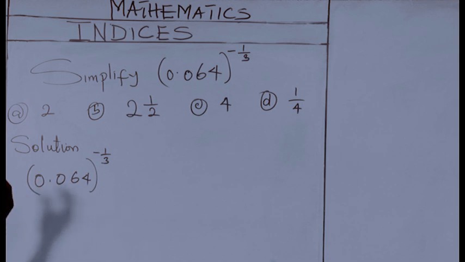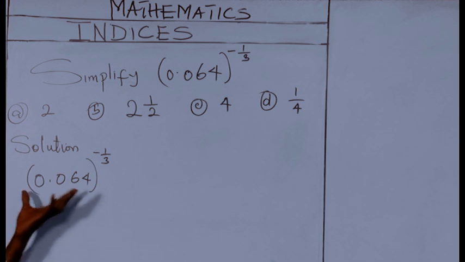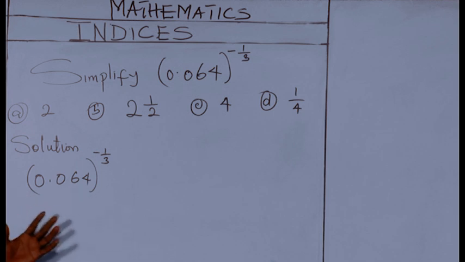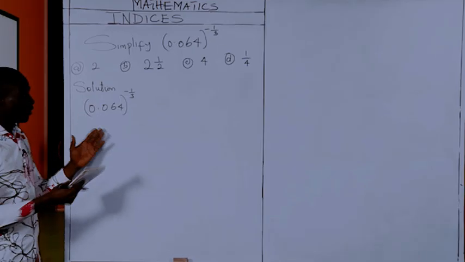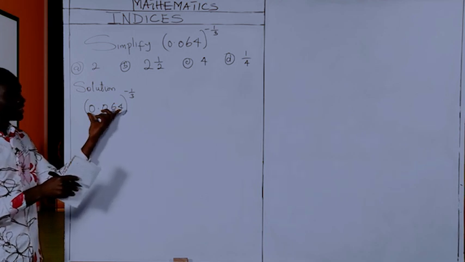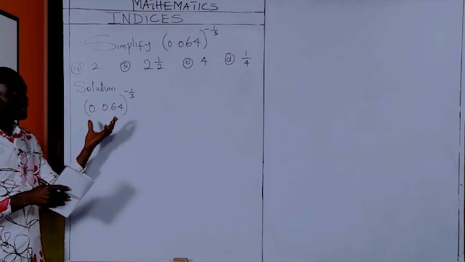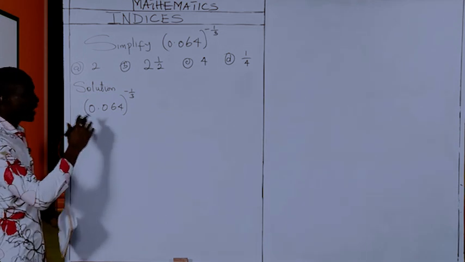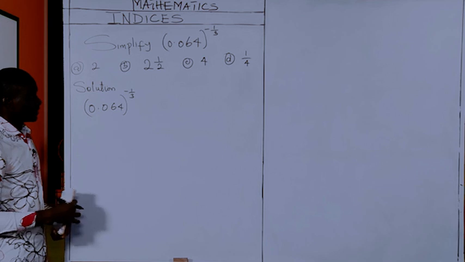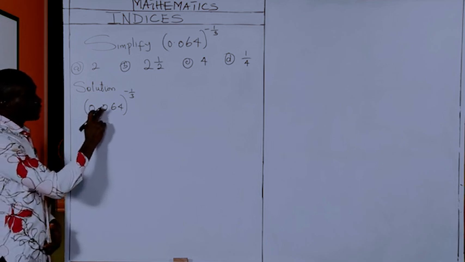It is a decimal number, so it is not going to be easy for us to go further unless we change this decimal number to a fraction. How are we going to go with this? We have 0.064.